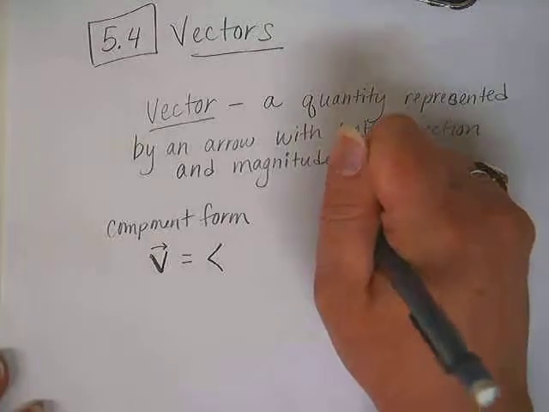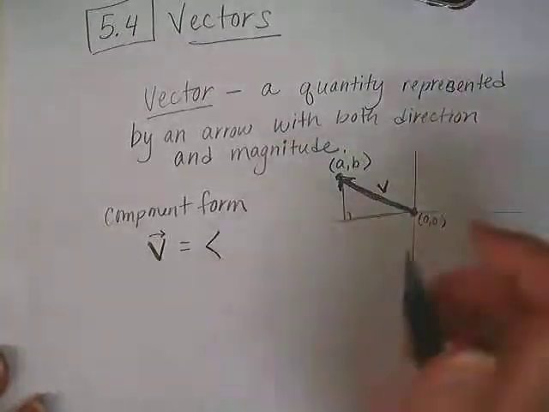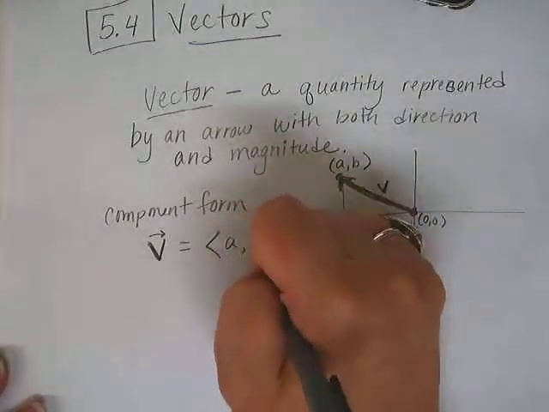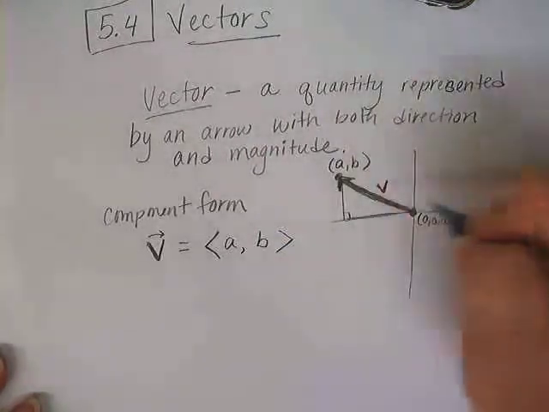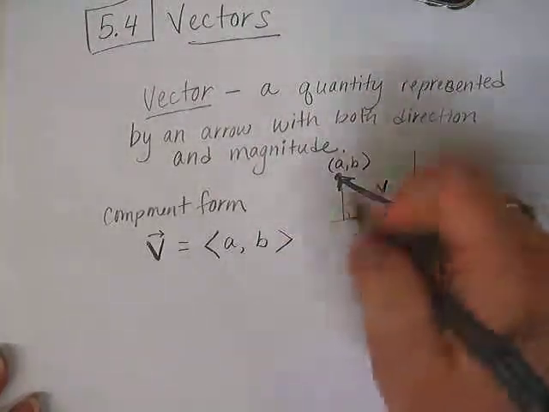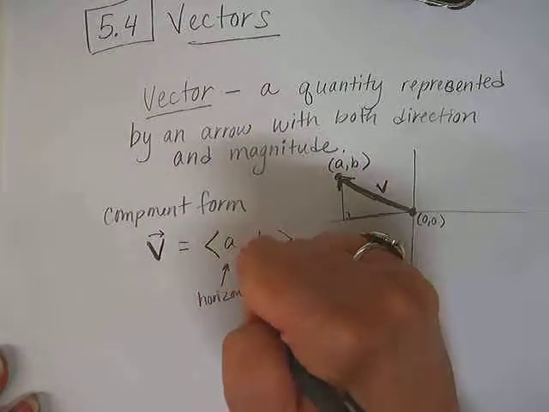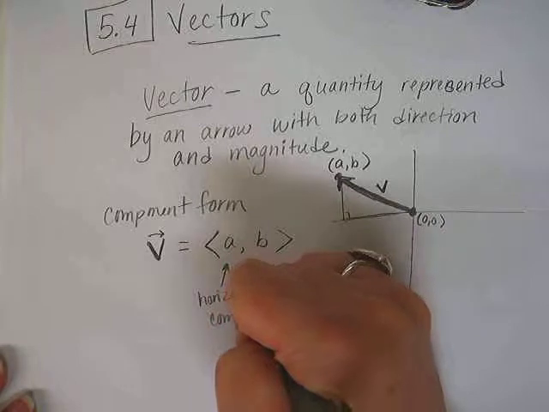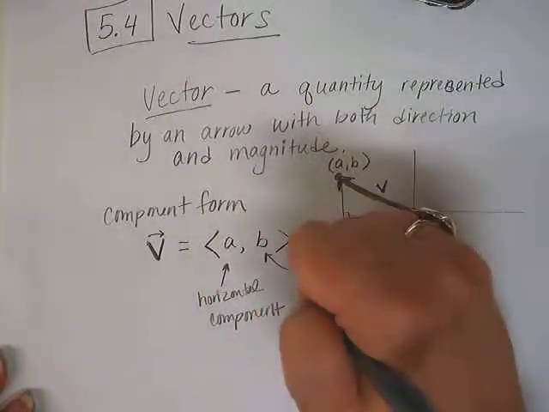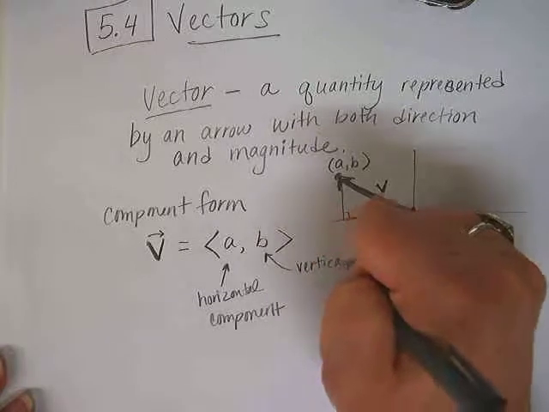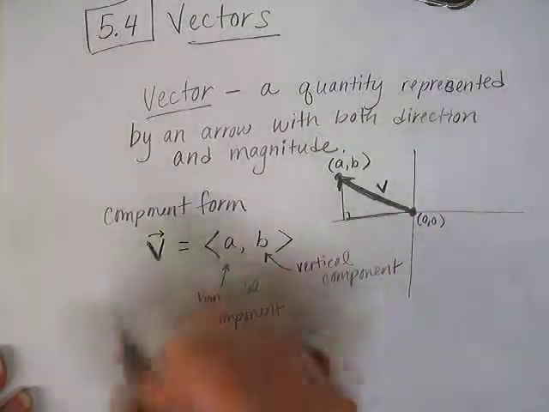If we imagine the vector starting at the point 0, 0 and ending at the point (a, b), then the component form of our vector would be <a, b>. Because a would be the horizontal component. And what would b be? The vertical component.